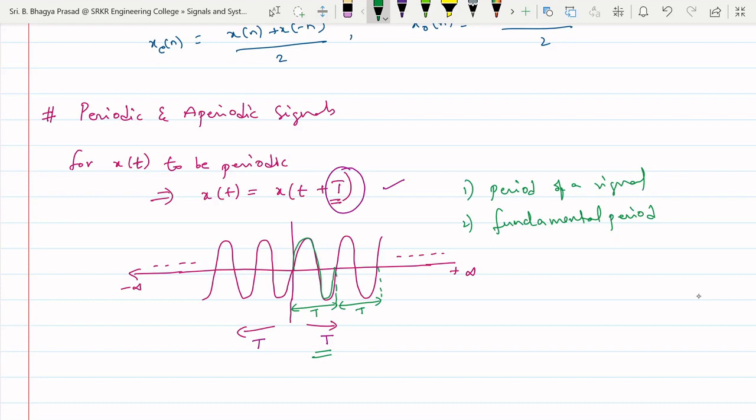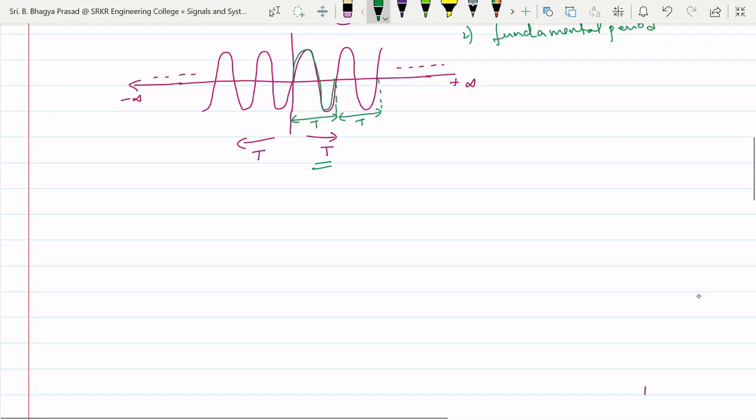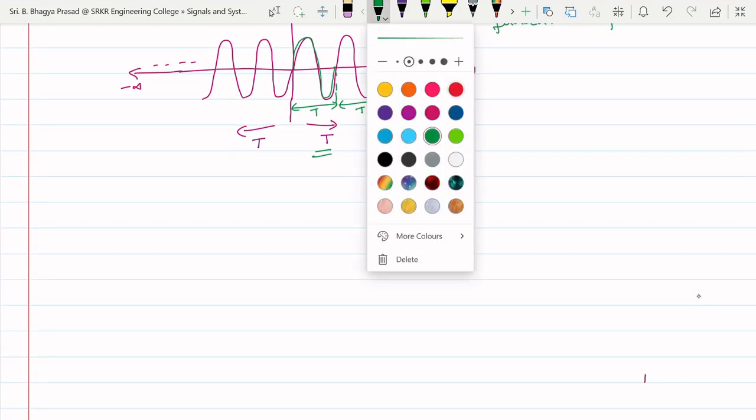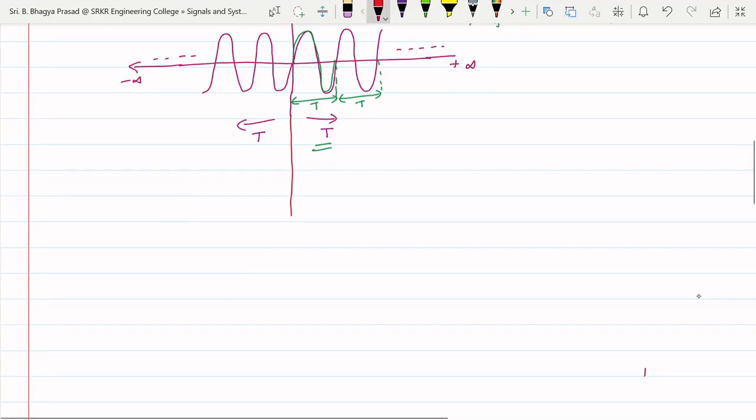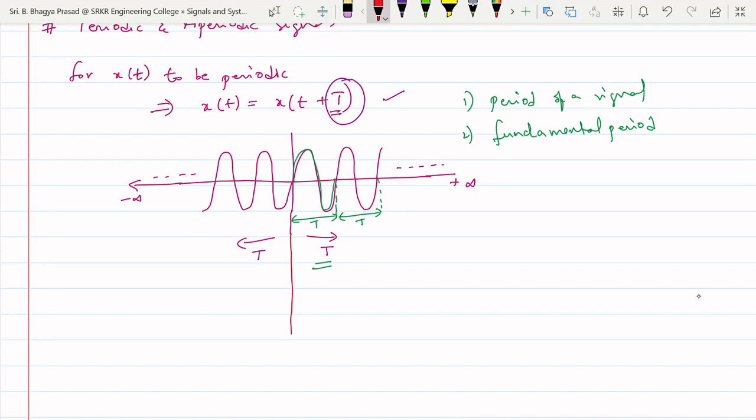I consider another one, from this point to this point. This is also a period of the signal, because again the shape was repeating like that.